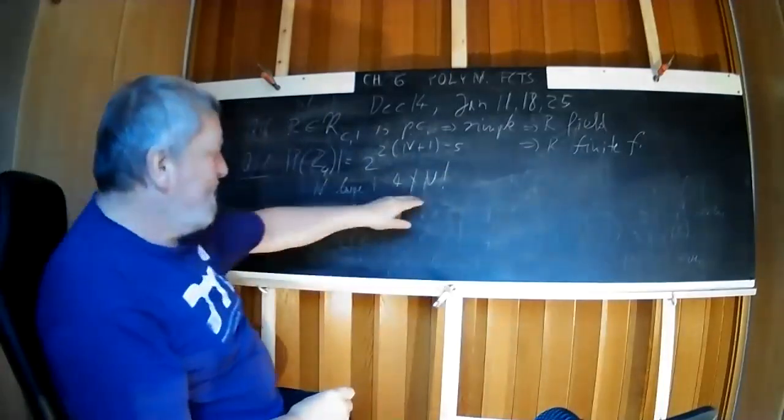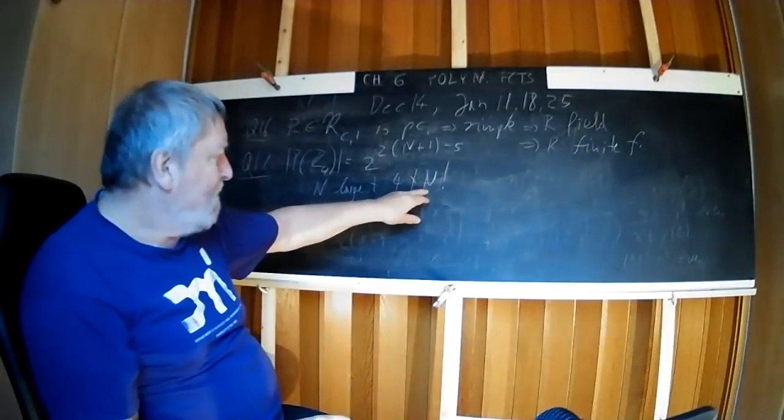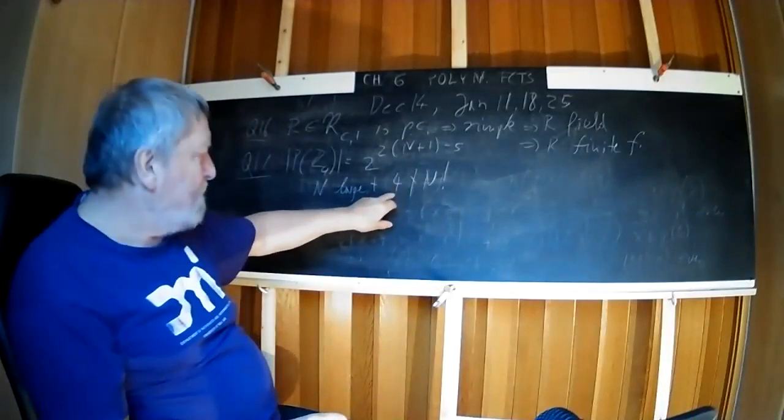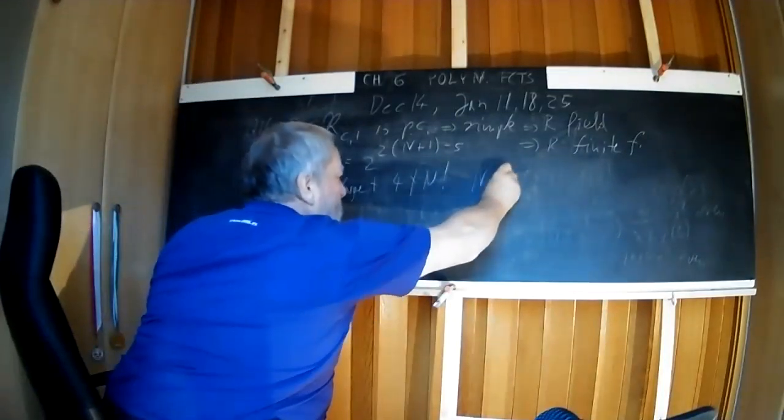And you see from that that capital N must be 3. 4 factorial is already divisible by 4, so n is equal to 3.